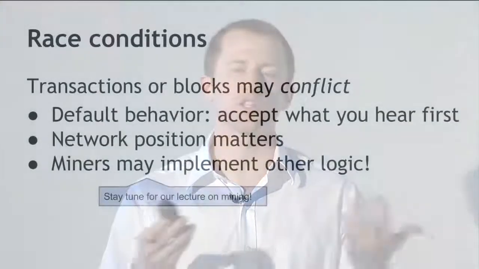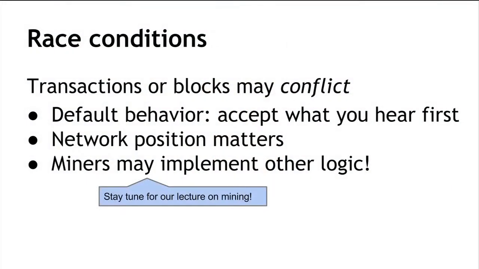So every node is free to do whatever logic they want. If any node wants to, they can choose to implement any other logic they want for choosing which blocks or which transactions to forward. We'll talk about that more in our lecture on mining, why miners might want to implement some different logic other than the default.